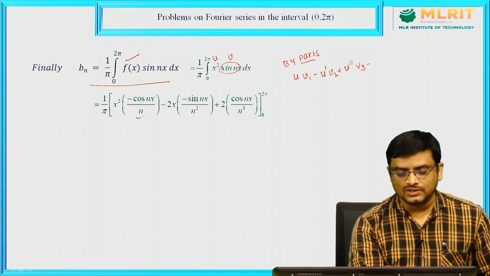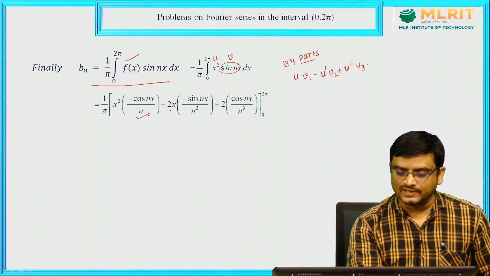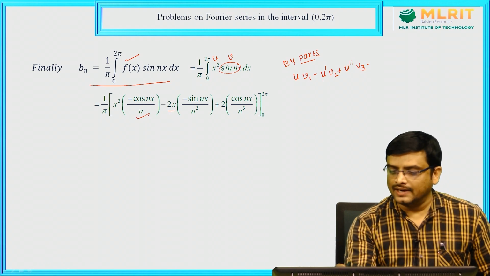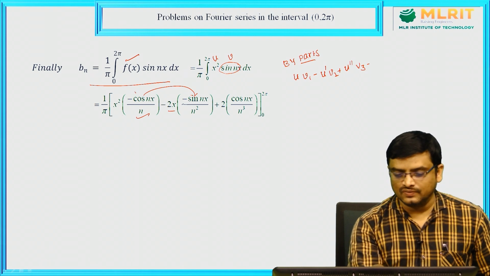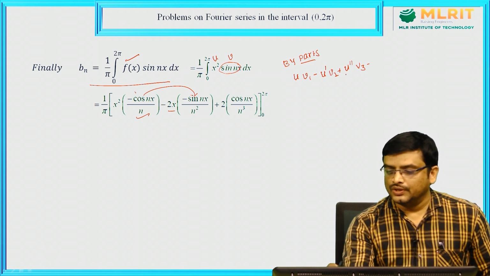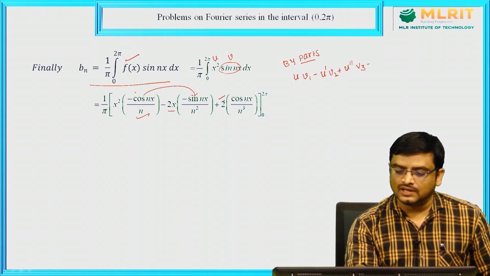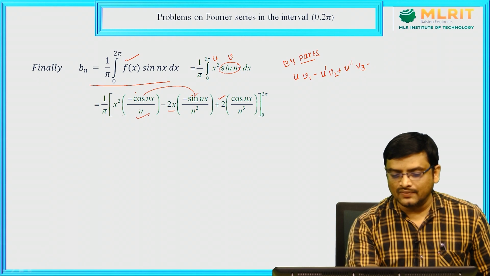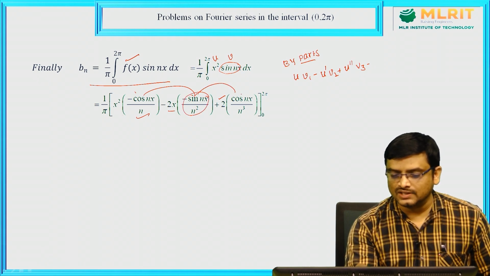So you will get this value, minus the derivative of u. The derivative of x square is 2x, and the integral of v1, if you apply the integration here for v1, once again you will get this, minus sin nx by n square, plus u double dash. If you apply the derivative two times for x square, you will get that constant value 2, and the integral of this term, you will get this value here.